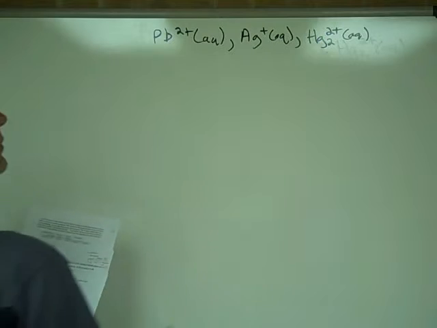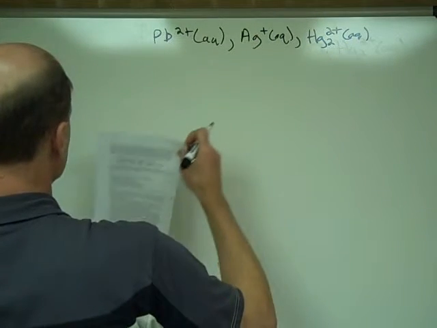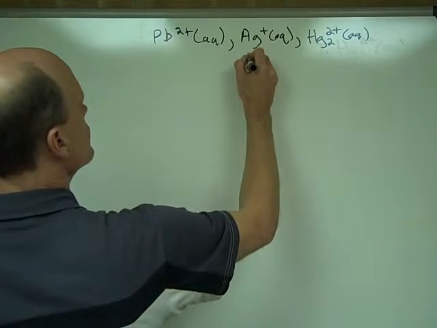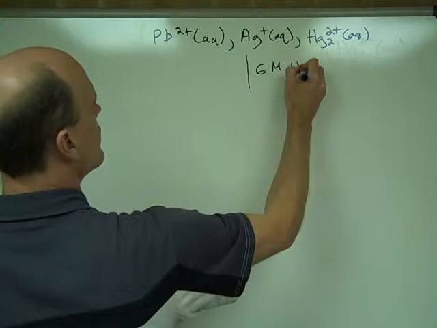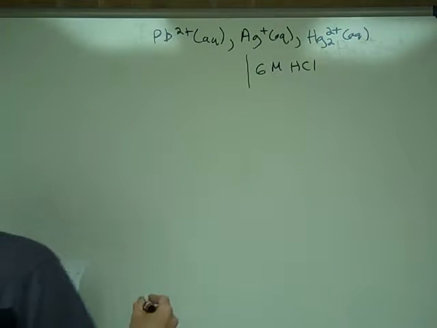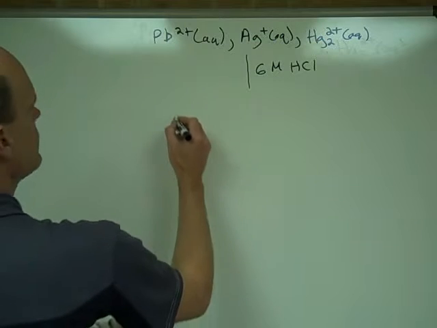You're going to take a mixture of these, and you're going to add 6 molar HCl. So just a few drops of 6 molar HCl. What will happen is these 3 ions, which are soluble, will become insoluble and form precipitates.